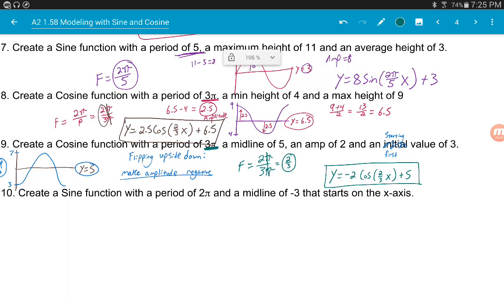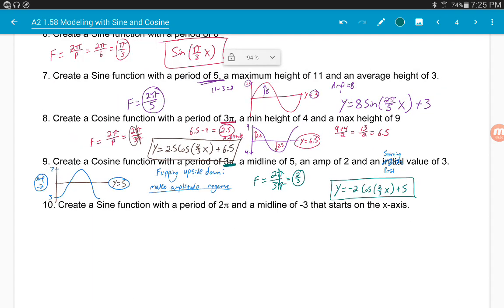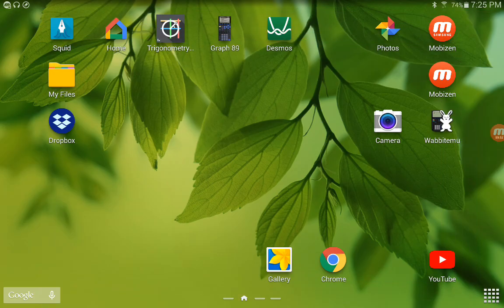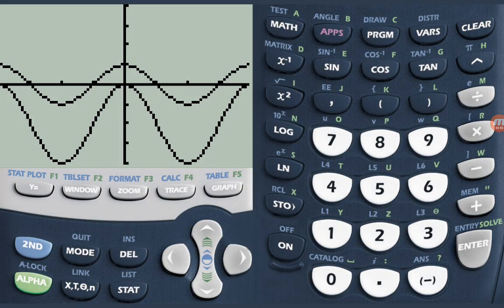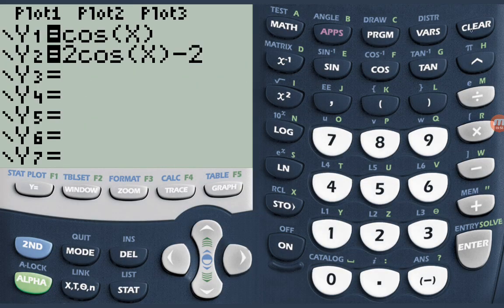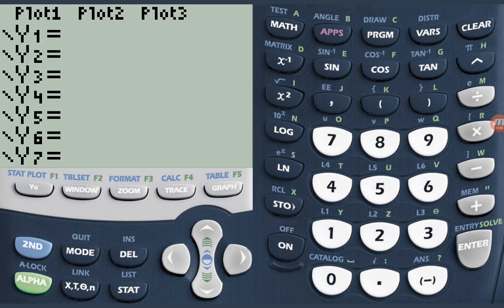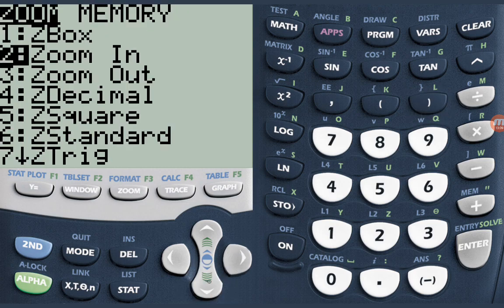And just in case you don't believe me about this whole negative cosine thing, this negative amplitude, let's take it to a graph. Now this here is cosine of x. I'll hit zoom, zoom trig.